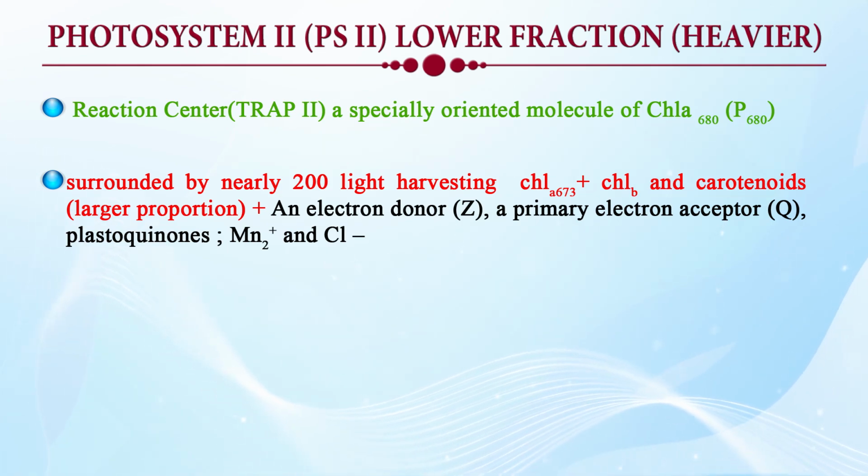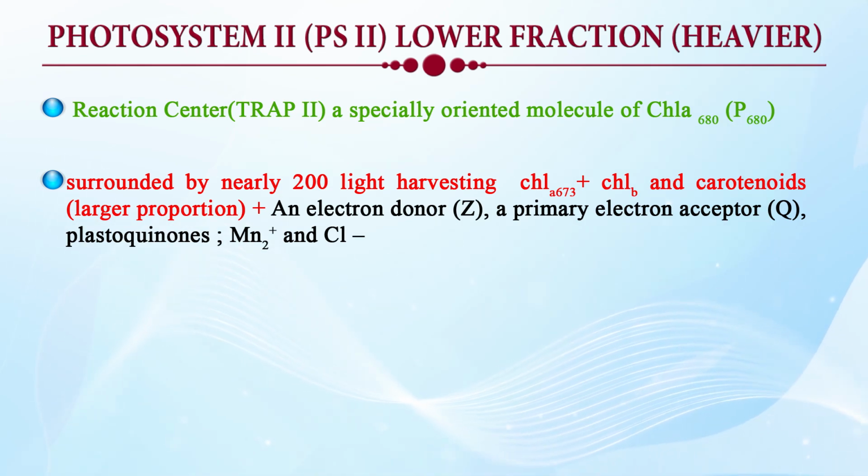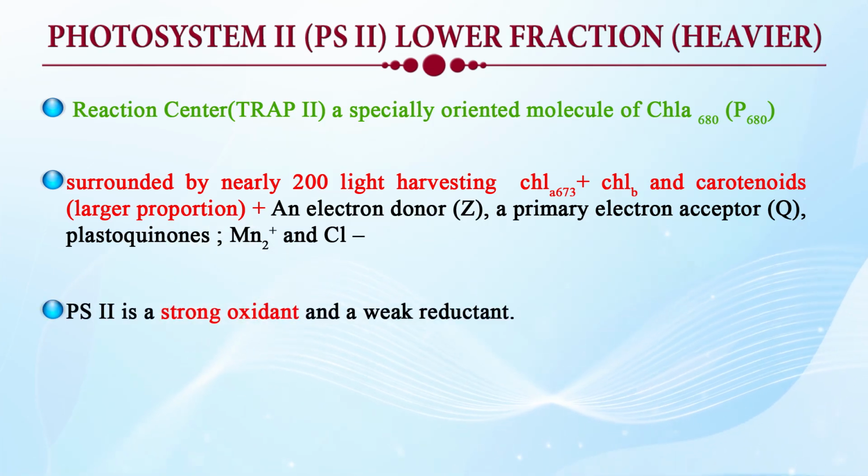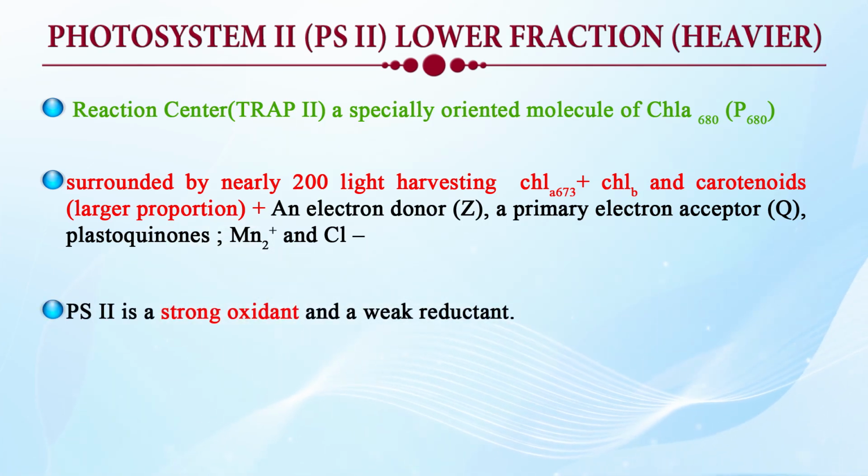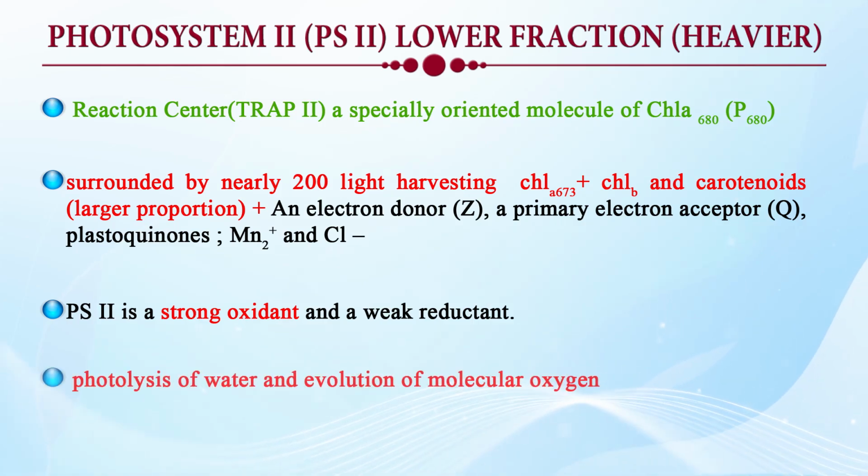What is important is, contrary to PS1, PS2 is a very strong oxidant and a weak reductant. So, it is at PS2 that photolysis of water will take place, and naturally, learners, wherever the photolysis of water takes place, evolution of molecular oxygen would come from there only.